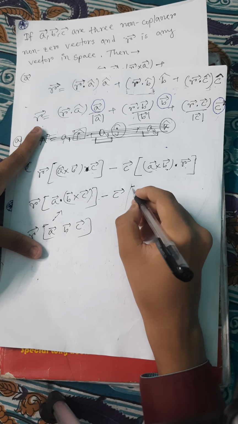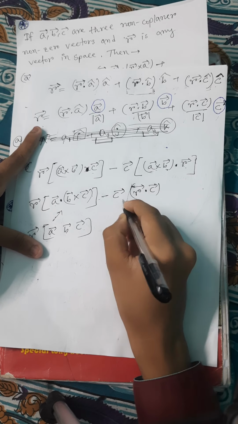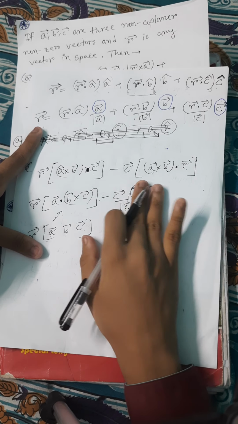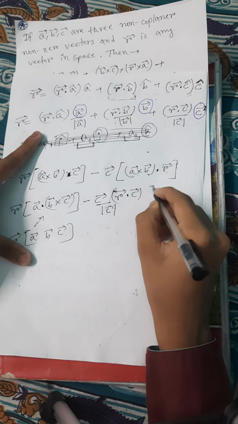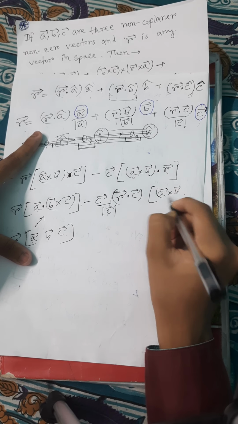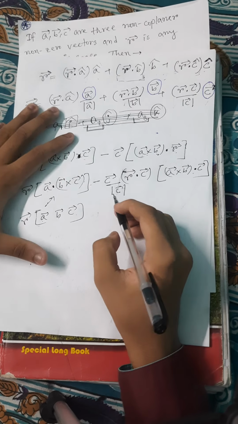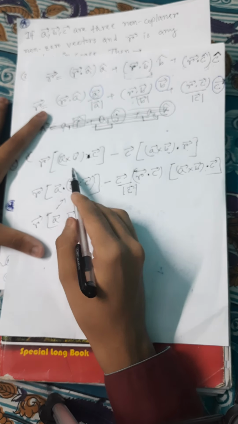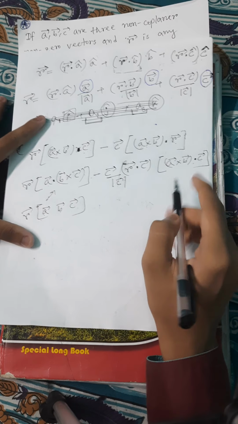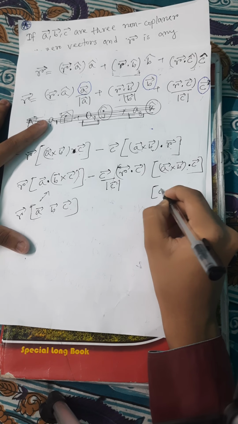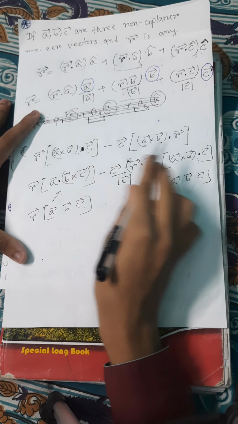So the constant part into A cross B dotted with C part. Change the order of cross and dot, and you will get this as ABC, because these two are the same.